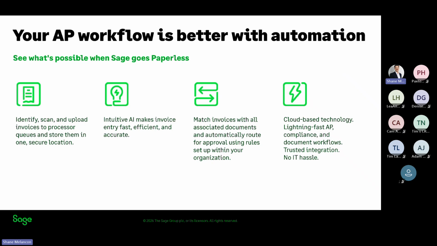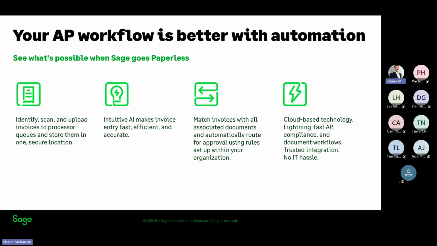So your AP workflow is better with automation. We're going to see what's possible when Sage goes paperless, like I mentioned with Paxton here, but some key points. Again, you're going to be able to identify, scan, and upload invoices to processor queues and store them in one secure location.